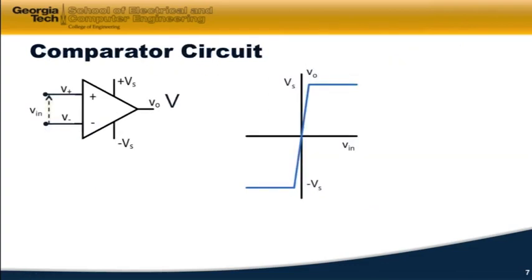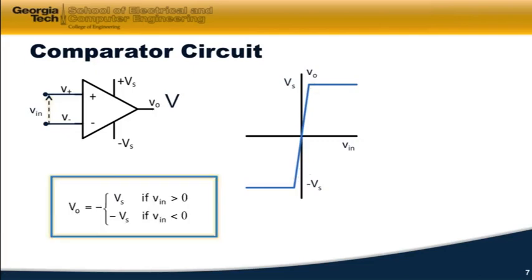A comparator circuit is one that utilizes an op-amp in its open loop configuration. So we've got the open loop configuration here, and we've just repeated what this value looks like. In this particular circuit, we're assuming that for the most of the time, we are operating not in the linear region, but in the saturation region.